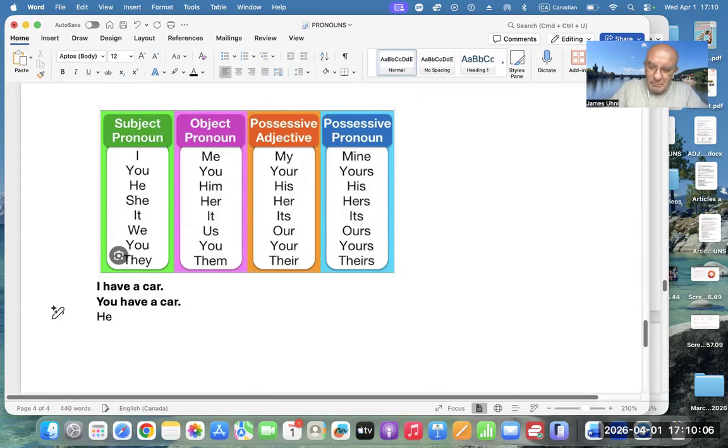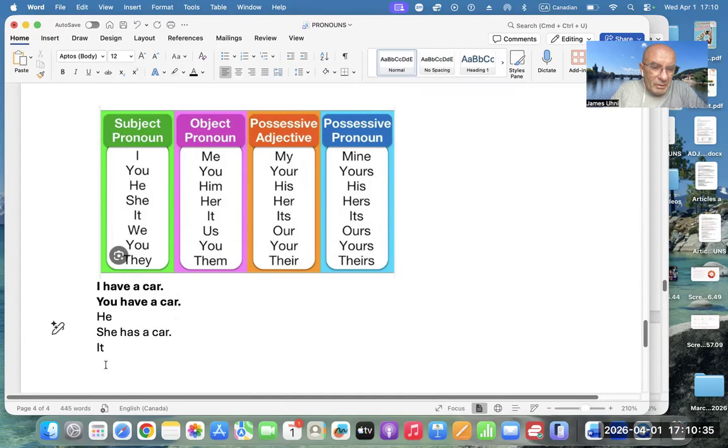He, she, it has a car. So we have something called first person, second person, and third person in pronouns.